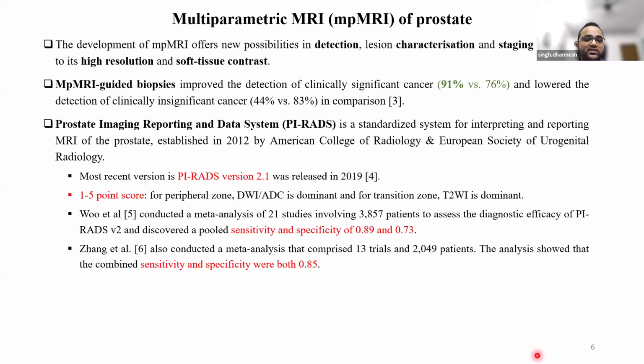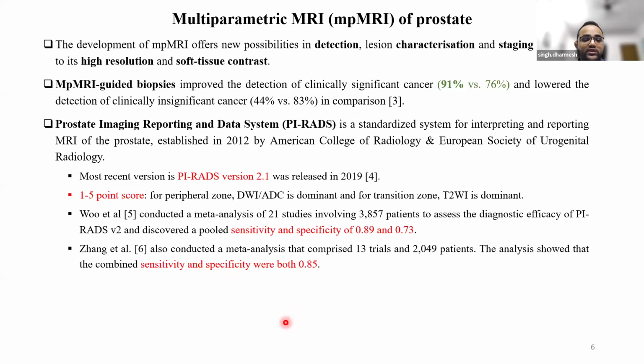Two large meta-analyses show how well PI-RADS performs. Wu et al. conducted a meta-analysis which included around 21 studies with nearly 3,900 patients, and they found a pooled sensitivity of PI-RADS of 0.89 and specificity of 0.73, which is good.